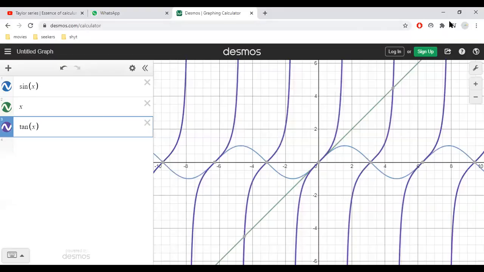Okay, is everybody able to see the graph? Are you able to see the screen? I hope you are. Yes, very good.